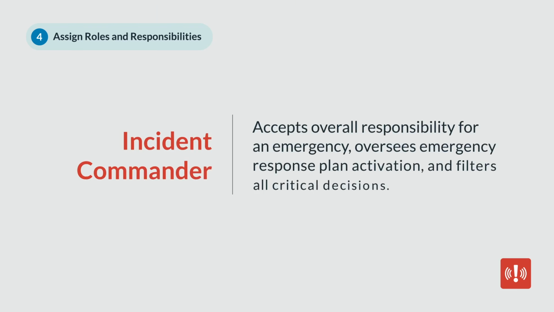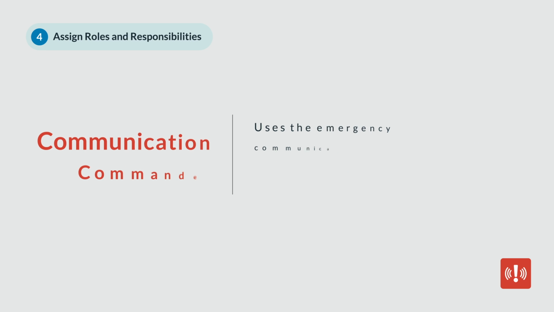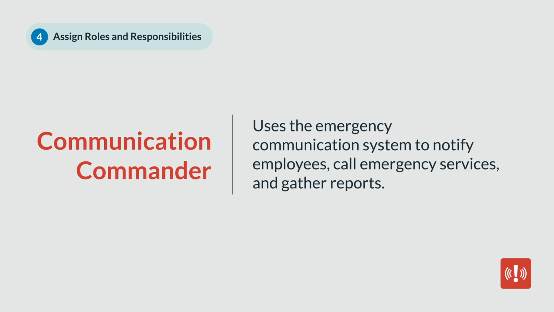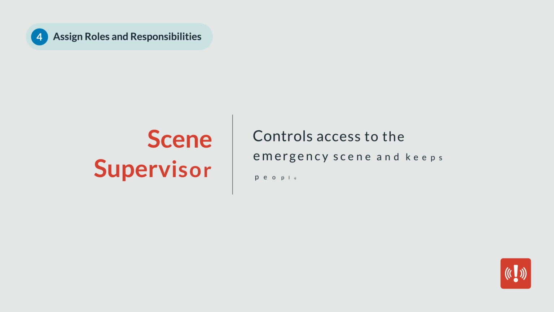Incident Commander. This employee has overall responsibility for an emergency, including planning and preparation. The Incident Commander oversees emergency response plan activation and filters all critical decisions. Communication Commander. This person should use the emergency communication system to notify employees, call emergency services, and gather reports. Scene Supervisor.